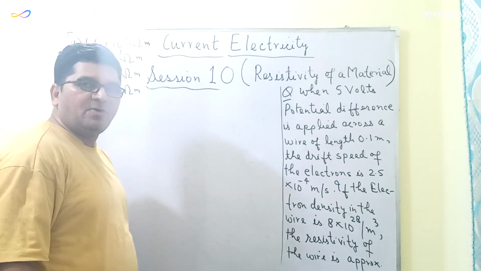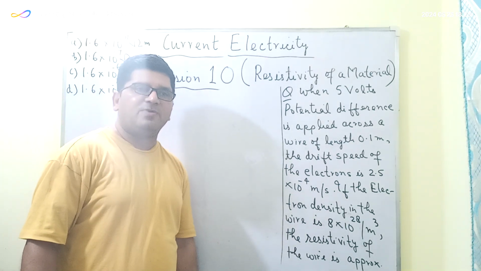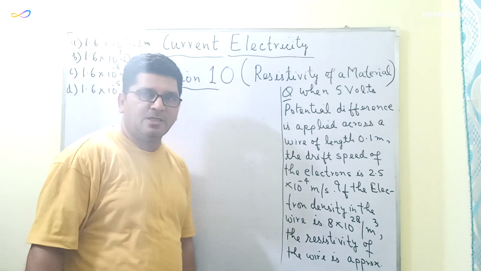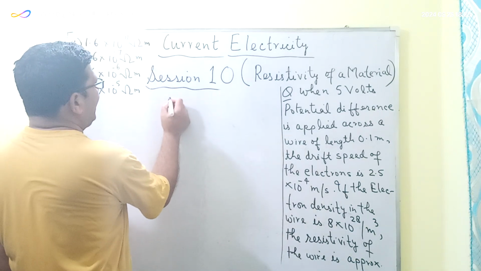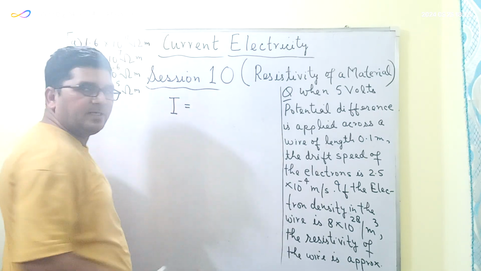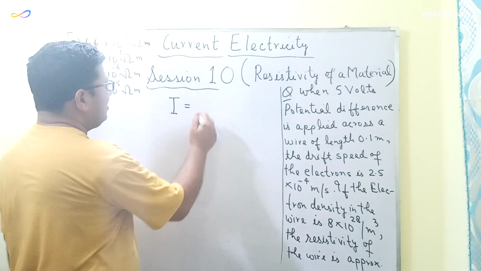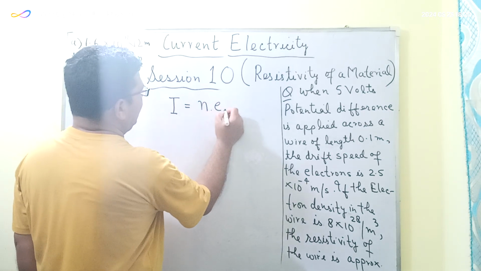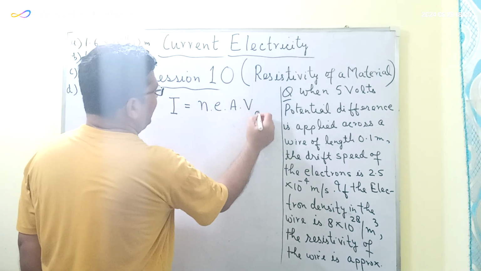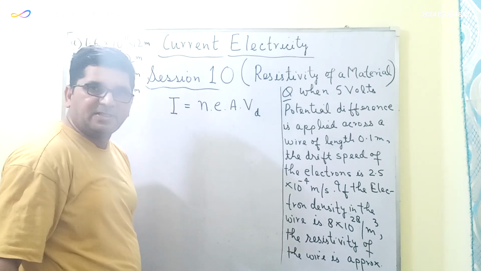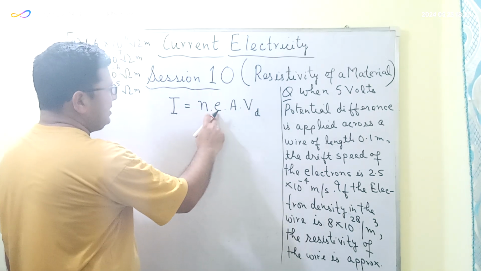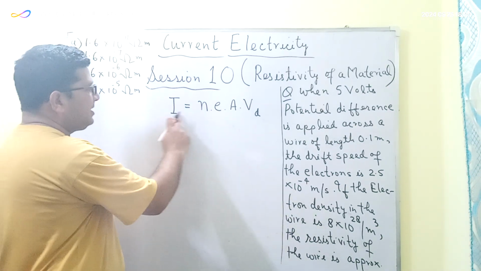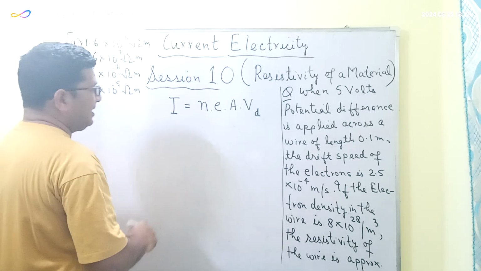So in one of my previous lectures, in which we derived the conductivity of a conducting material, we found that the current through a conducting wire is equal to N E A Vd, where Vd is the drift velocity of the electron, A is the area of cross section, E is the charge on the electron, N is the number of electrons per unit volume, and I is the current flowing through the conductor.